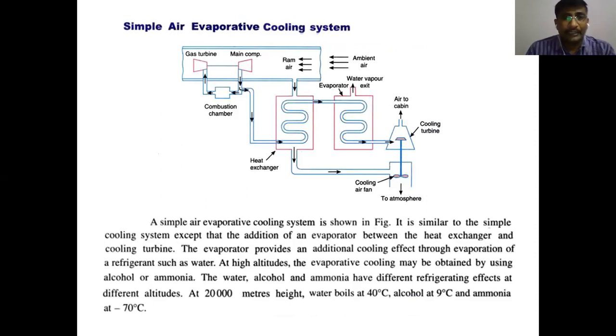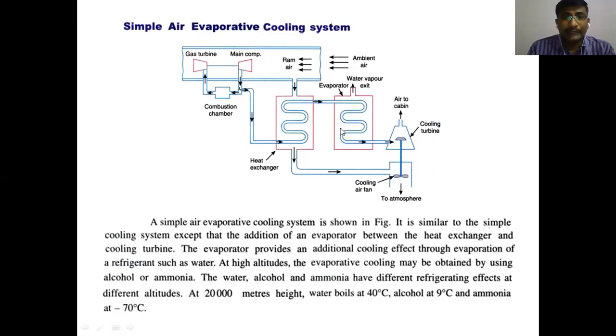Let me explain another system, the simple air evaporative cooling system. This is a small modification of the simple air cooling system, by providing an evaporator after the heat exchanger, located between the heat exchanger and the cooling turbine. This is the evaporative vessel in which the evaporative liquid is stored.